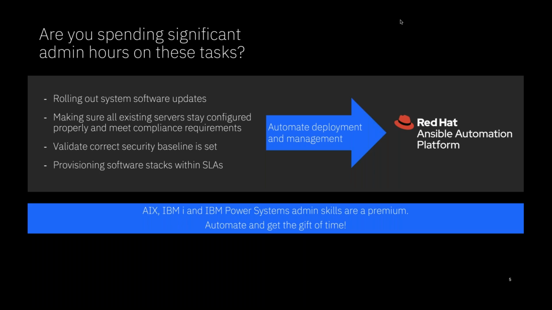And so people are really thirsting for automation, and of course that's where Red Hat Ansible positions really well, and plays very well to helping tackle some of those challenges. Especially when you look at our AIX and IBM i community, these skills are a premium. And what we're really looking to do is give back the gift of time. So that's why we're so excited to embark on this journey around Ansible, to really let people be more productive.